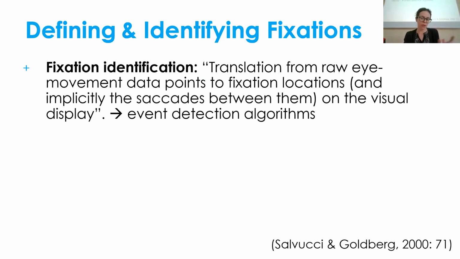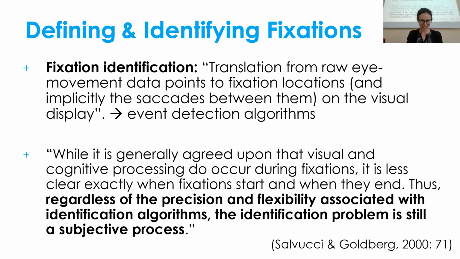First of all, a definition: identifying fixations is basically translating these raw eye movement data points into individual fixations and their location, and by extension, the saccades between them, on the visual display. This is usually done through event detection algorithms. And in the rest of this very long quote, I just want to make everyone aware that it is still a subjective process. We don't necessarily see it.